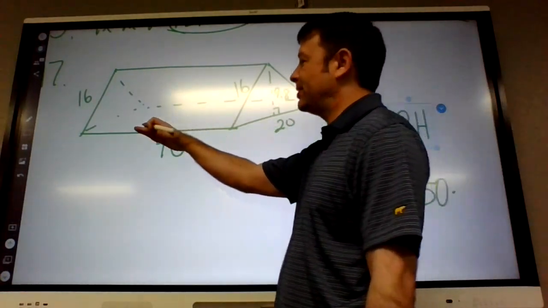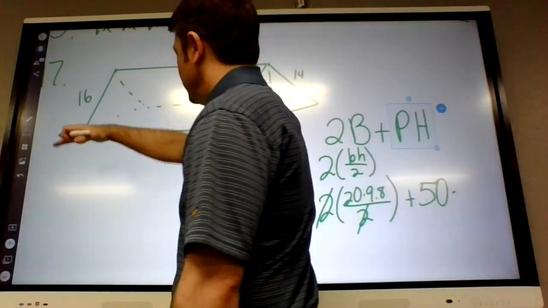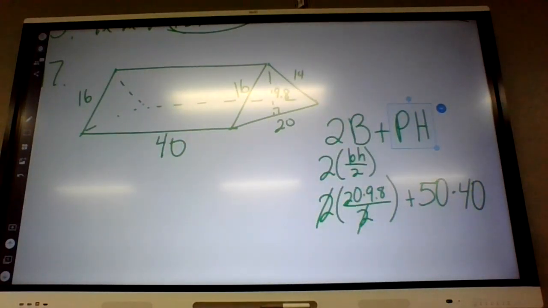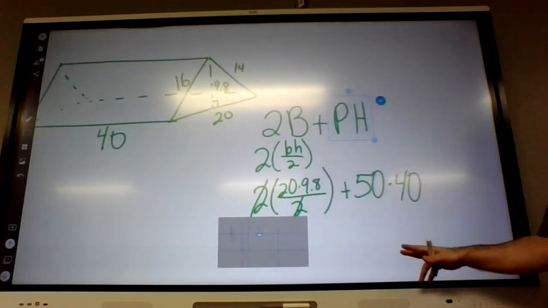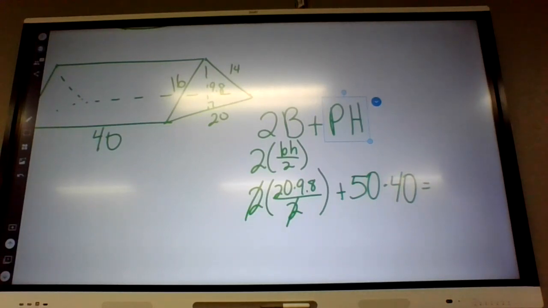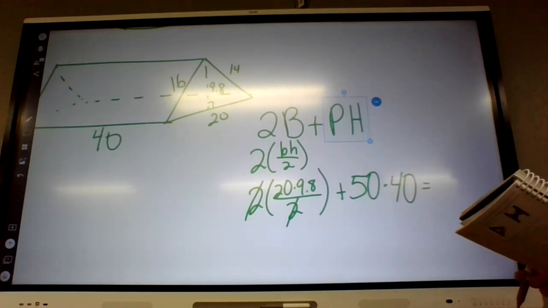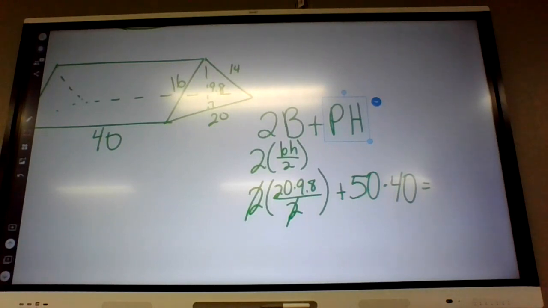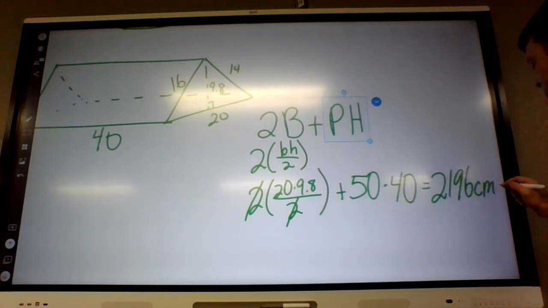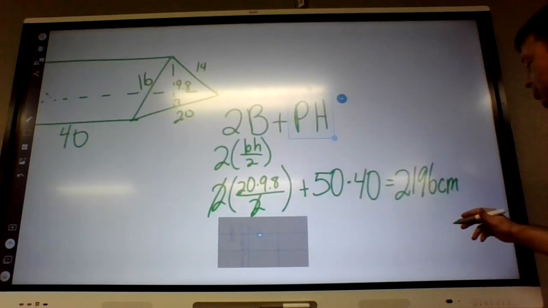Yeah, the prism's kind of lying down, so the height is actually like the length, but yeah, it's 40. Anyway, that'll do it. Lots of work. And it comes out to 2196 centimeters squared.